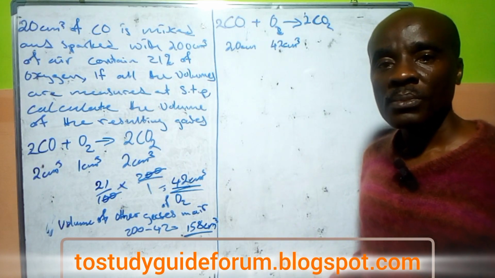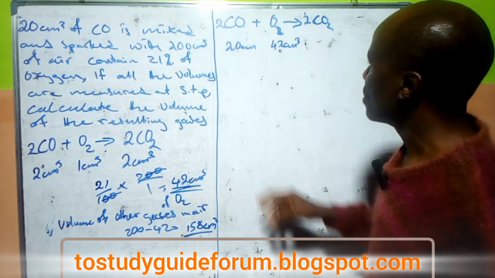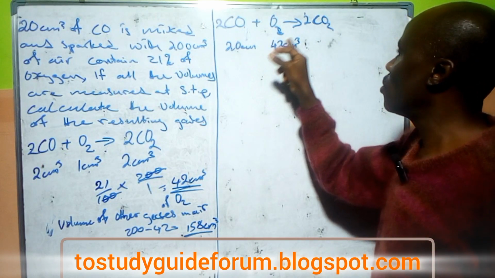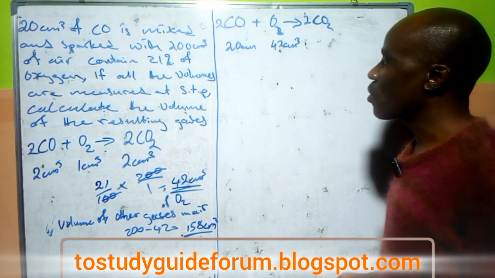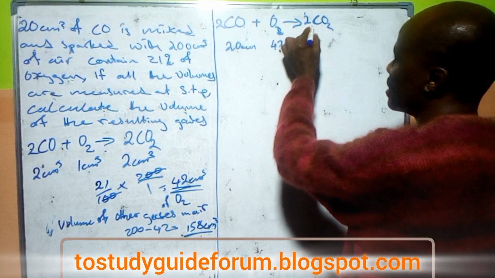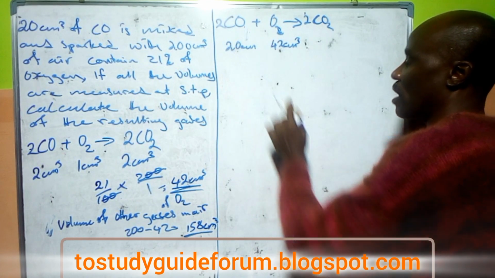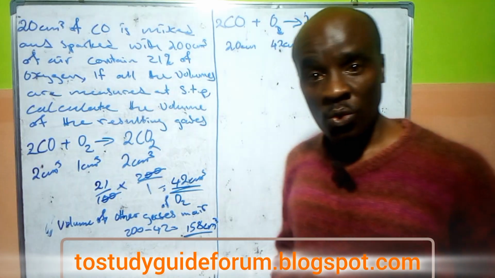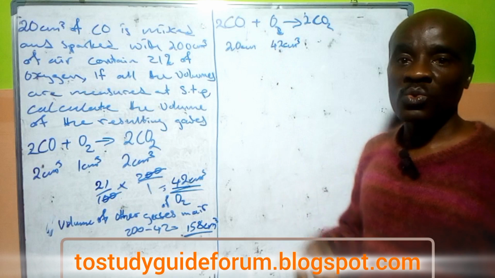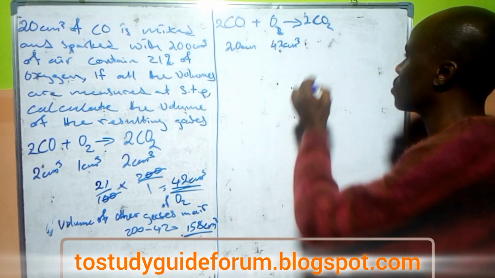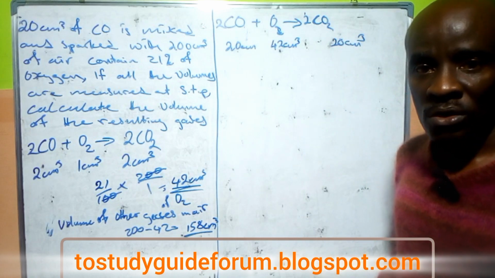Now, to get this done, you can compare the volume of the products they are likely to give us. If we compare the volume of the product from this balanced chemical equation, it means that if 20 cm³ of carbon(II) oxide combines with excess oxygen, it will give us 20 cm³ of carbon(IV) oxide.